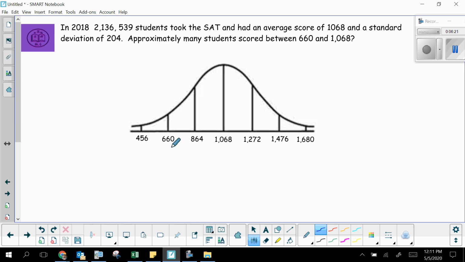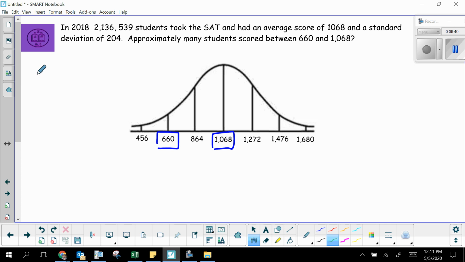Same idea. Let's come down to our graph. We've got our 660 here, we've got our 1068 right there. The 1068 is our mean. 660 is 2 standard deviations below the mean. So same thing we just did last time.